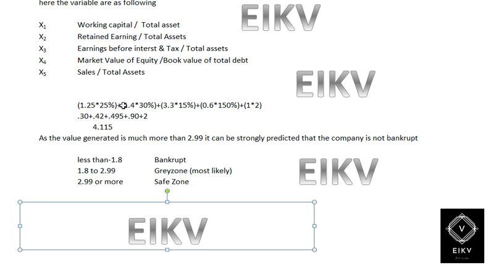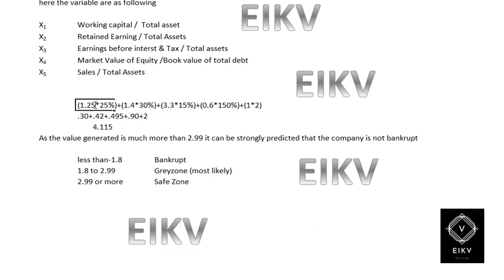So the formula will be 1.2 into 25%, and 1.4 into 30%, 3.3 into 15%, and 0.6 into 150%, and 1 into 2.